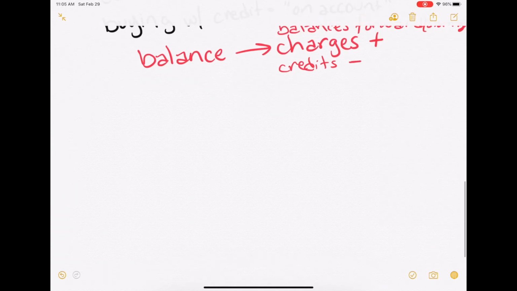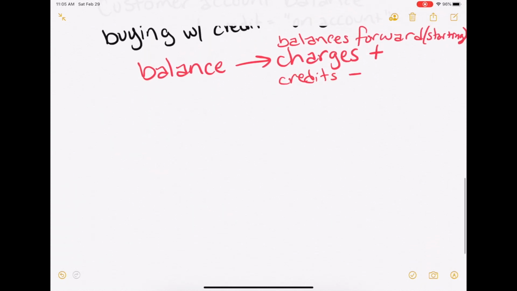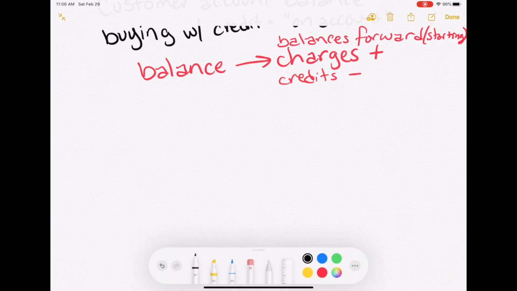Okay. So let's look at E. The customer account for Retro Hardware showed a balance of, and that's the balance brought forward, $2,384.76 on August 1st. Sales were $500.15 on August 3rd. So that's going to be added in.